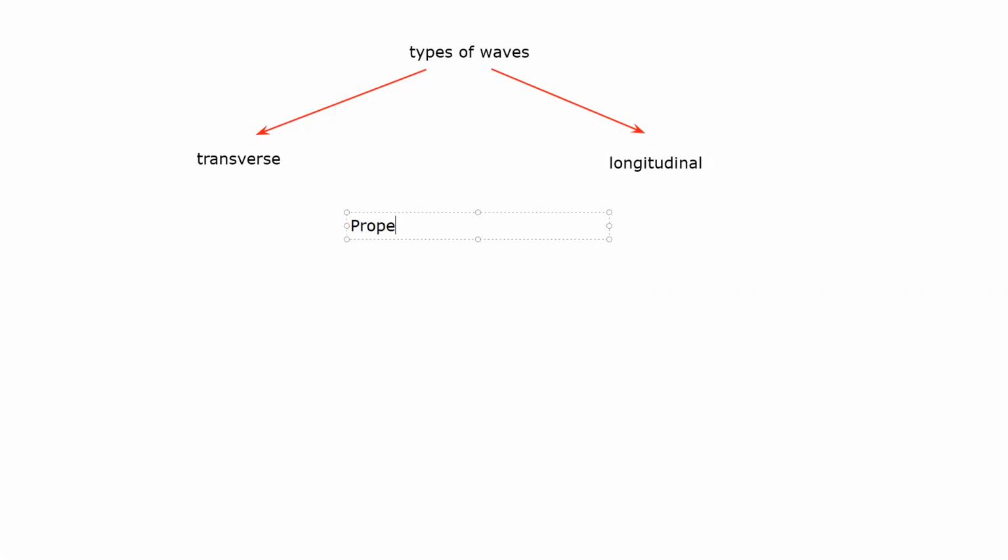So what are the properties of waves? A wave can reflect, a wave can refract, a wave can diffract, a wave can interfere, and a wave can polarize.